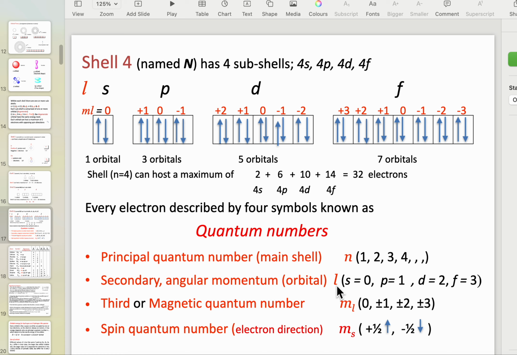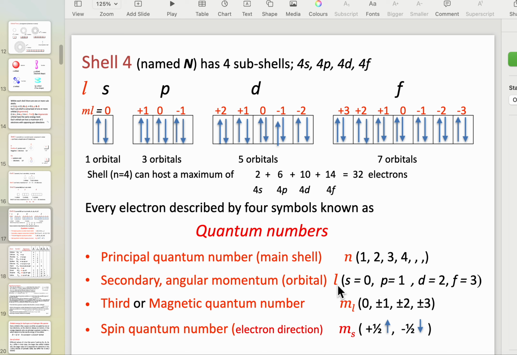So L divides into suborbitals, which are S, P, D, F. L can take 0 for S, 1 for P, 2 for D, or 3 for F. So if we say the electron is in L equals 1, it means it is in the P orbital.